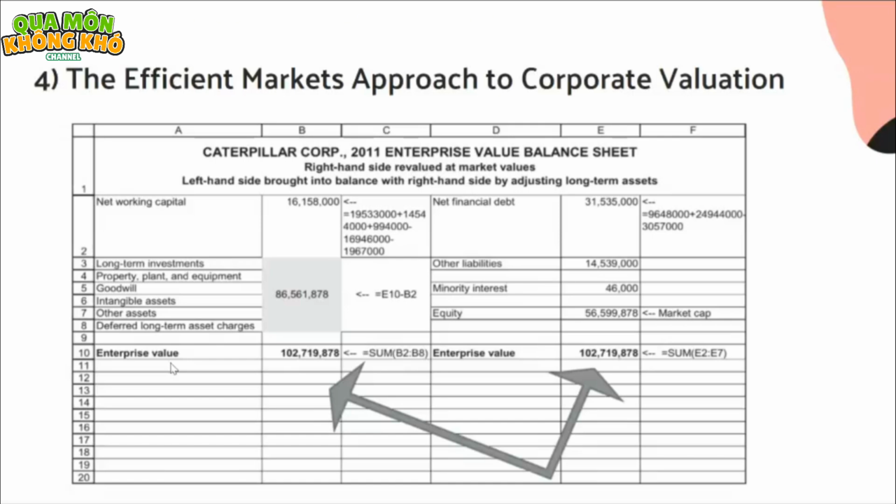We have to know the market value of all the assets, and especially we have to know the market value of liabilities. The market value of equity is very easy to get because you just take the outstanding shares, multiply by the price per share, and you get the market cap. But how about the liabilities? How you can evaluate the market value of the liabilities is very difficult.